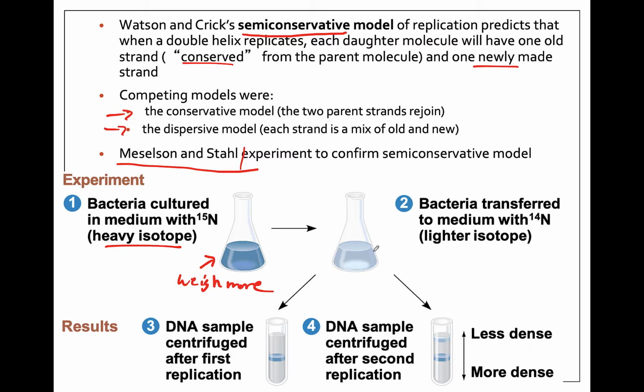And then they replicated it twice using a lighter isotope. So the new DNA would weigh less. And then they centrifuged it after each replication to see where the weight of these DNA bands were. So the heavier it is, the further it goes to the bottom. The lighter it is, the further it's going to go towards the top.